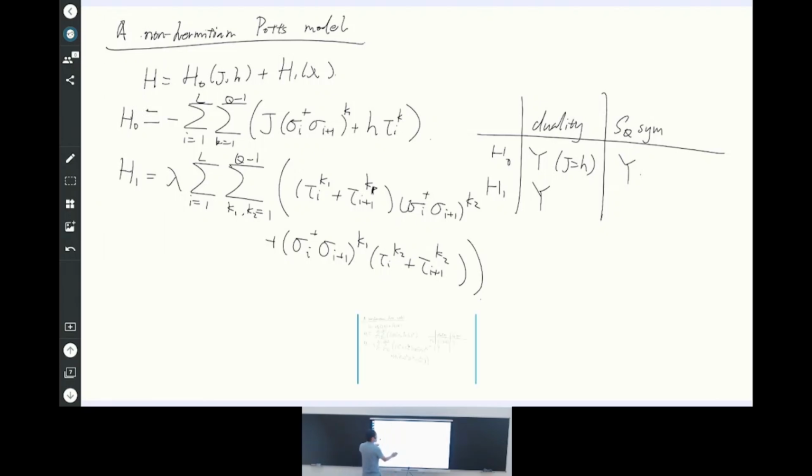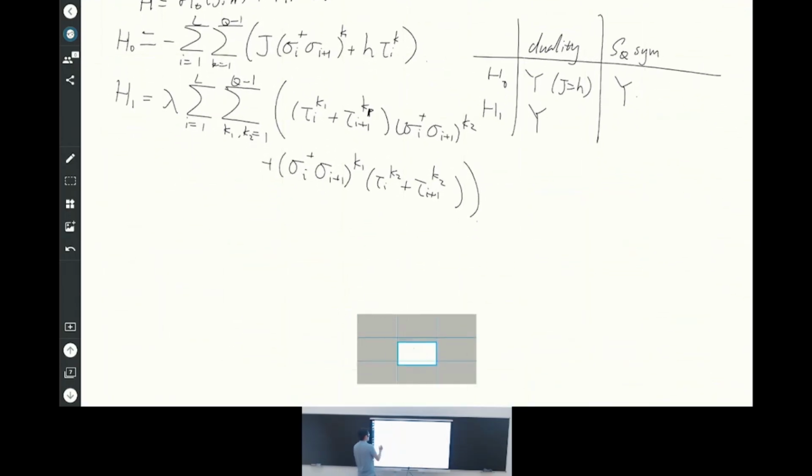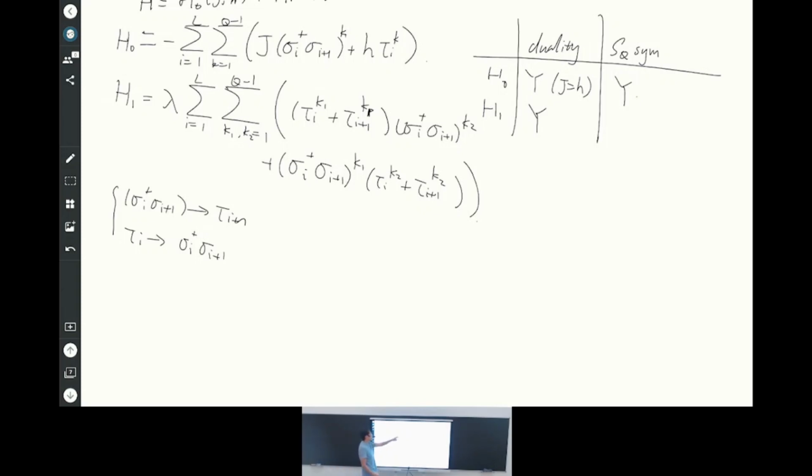So here, for example, we know that this duality transformation changes the pair of sigma spins to tau, and changes tau to sigma dagger sigma, like this. For example, we can check the first term here, right?